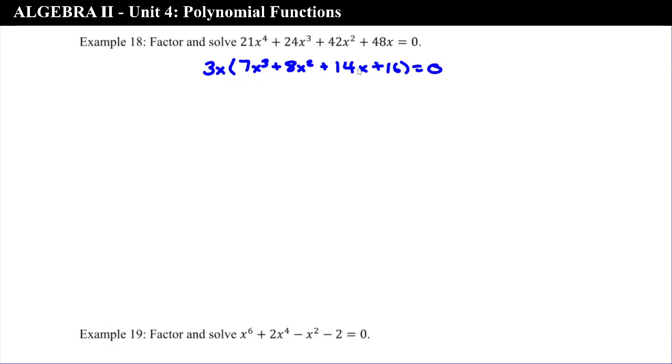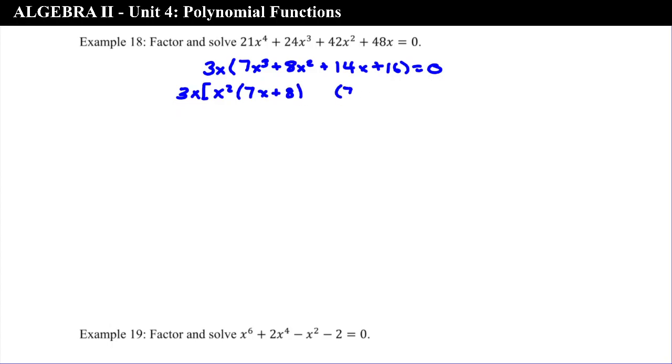Now this part that's left has 4 terms in it. So when you see 4 terms, again, think grouping. So we've got 3x. I'm going to use a bracket here. What can we factor out of the first 2 terms? We can factor out an x squared, which leaves us with 7x plus 8.